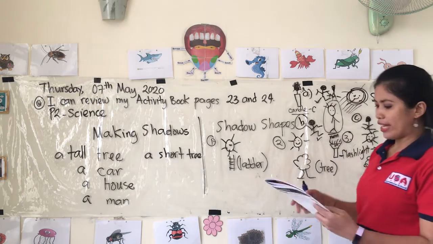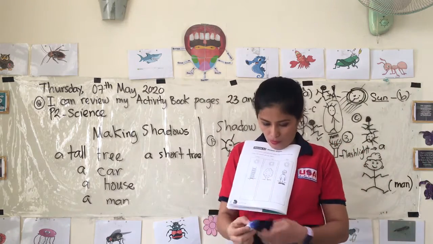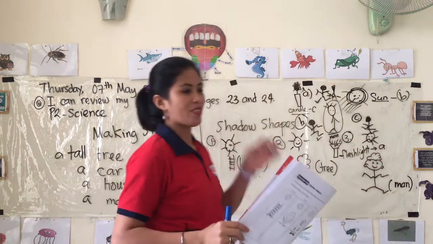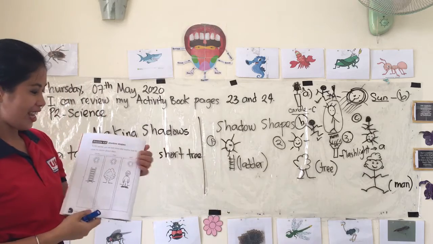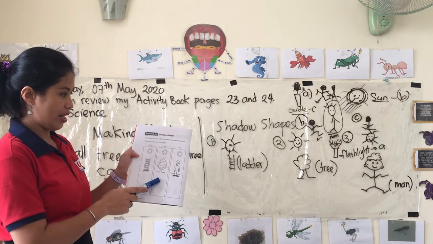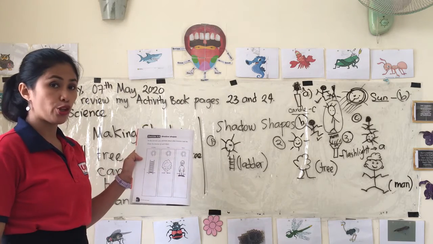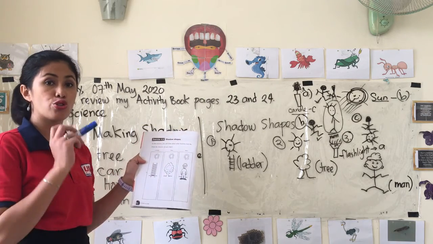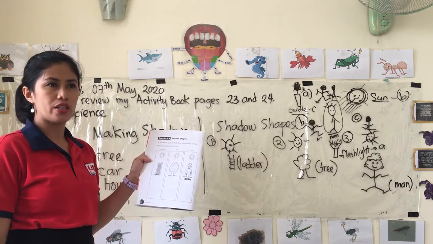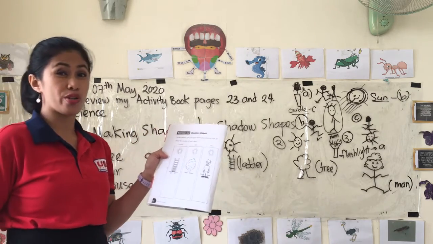Alright, so now let's go to this one. For this one again, we have a ladder, a tree, and a man. So what you're going to do is draw a shadow. So where is the source? Okay, let's identify first the source of light.